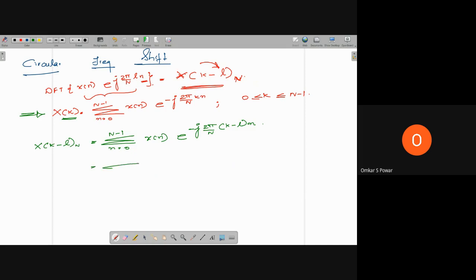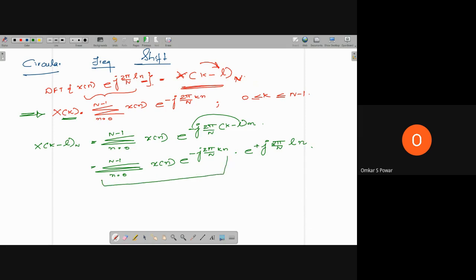Now expand it. Summation n varies from 0 to n minus 1 x of n e power minus j 2 pi by n into kn into e power, minus into minus will be plus, e power plus j 2 pi by n into ln. So I have just multiplied it. Now just observe this one.